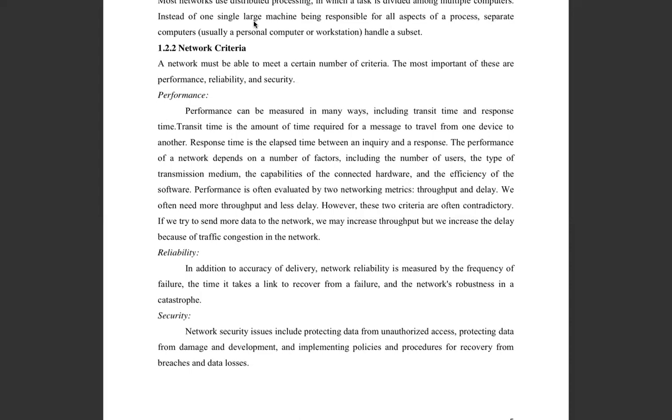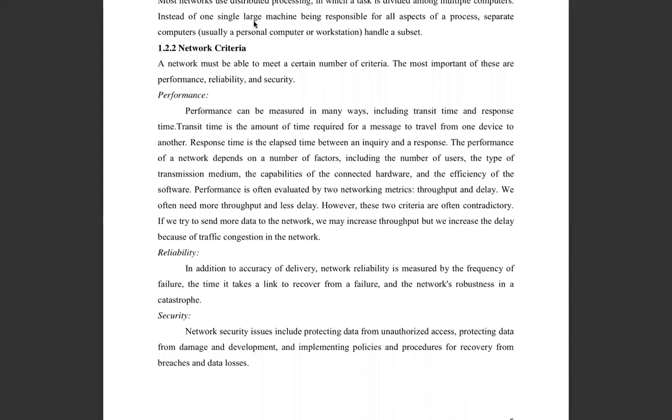Does it take longer to get a response? Or does it take a long time for you to send a message from the client to the server or from one point to another? If it's fast, you know how your network is doing with the response time and the transit time.